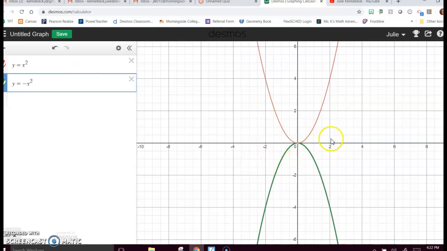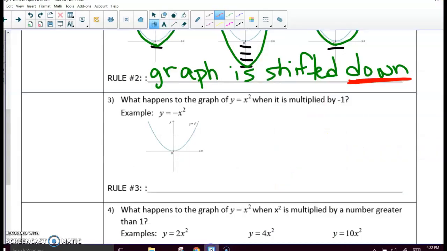My graph is a reflection over the x-axis. That one's not very pretty. Let me see if I can redo that. Better.